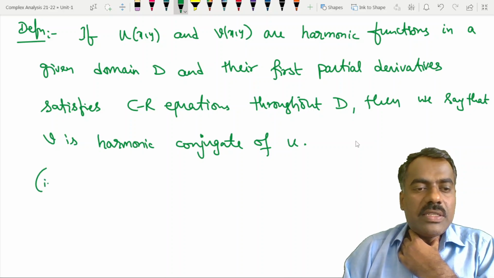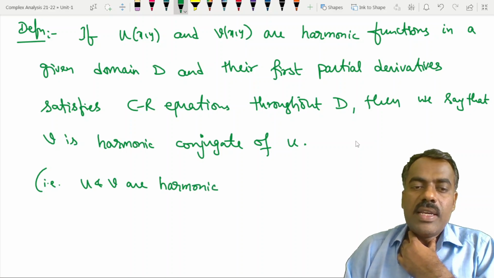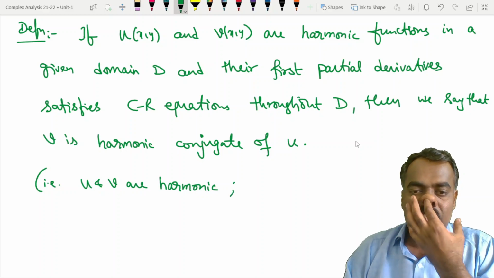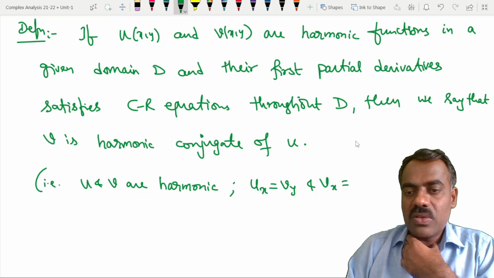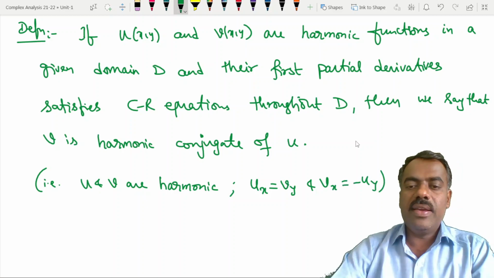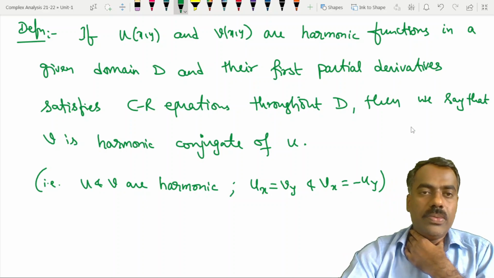That means u and v are harmonic, and satisfy ux equals vy and vx equals minus uy. If this property is satisfied, then we say that v is harmonic conjugate of u.